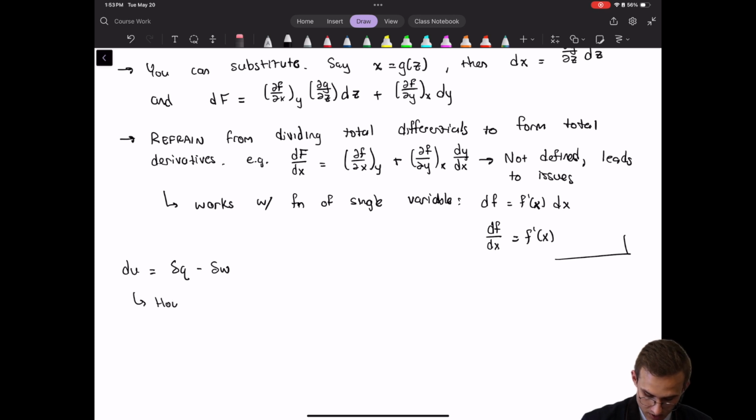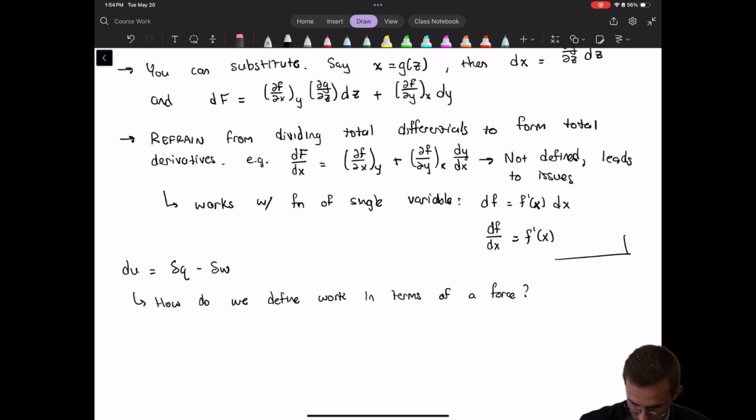So in general, how do we define work in terms of a force? Well, it's an integral. The total work done is equal to the integral of F, whatever force is acting on the system, dot dx. We'll assume that this is a 1D system, so it's not a vector dot product here.